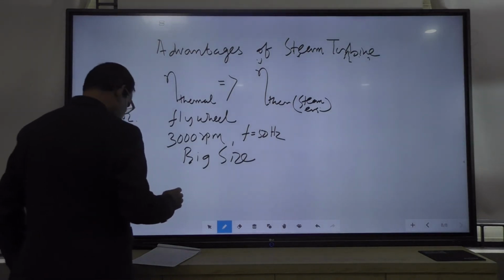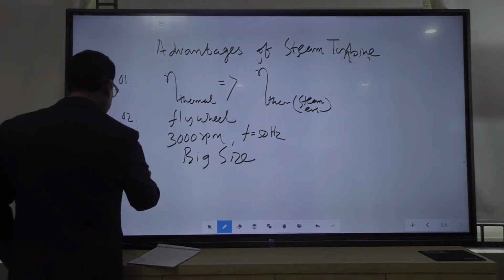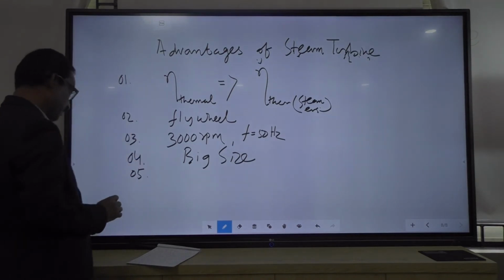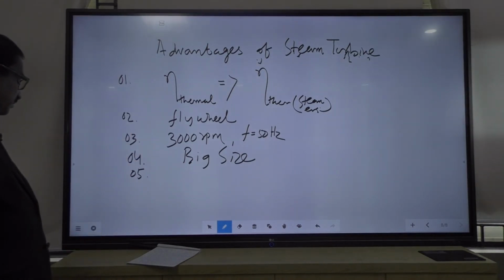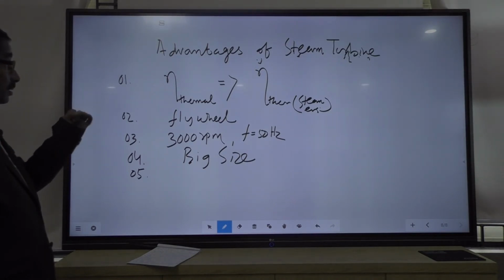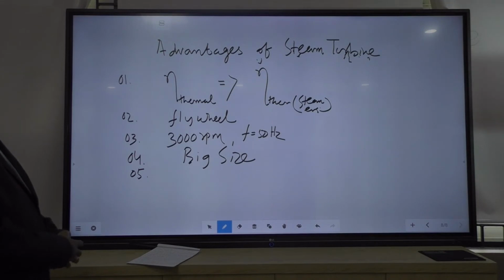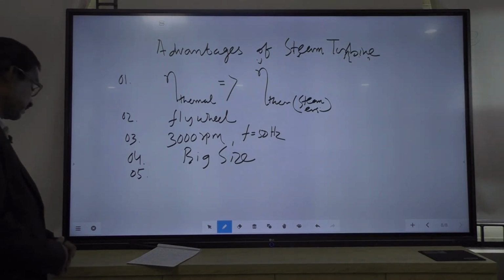Number 5, the merit is that with the absence of reciprocating parts, the balancing problem is minimized. You know the construction of the steam turbine, that there are no reciprocating parts.